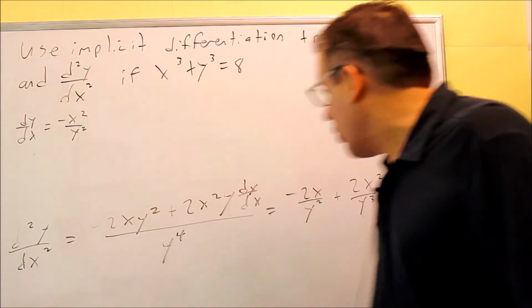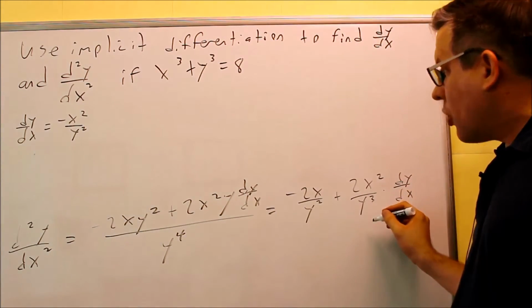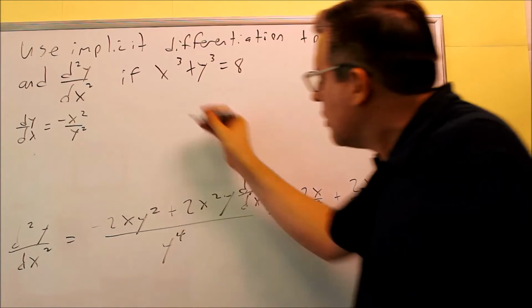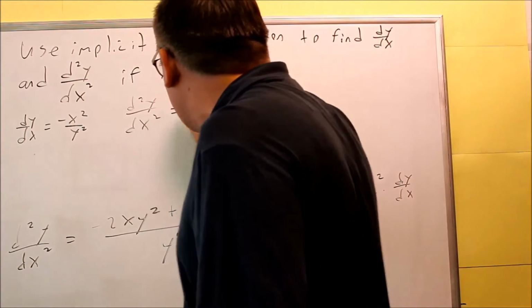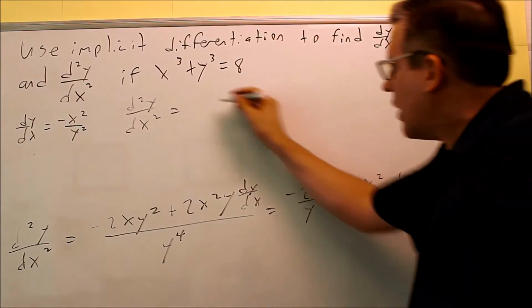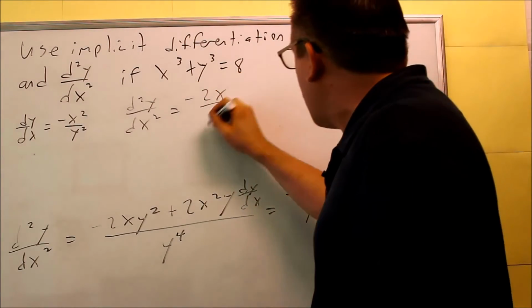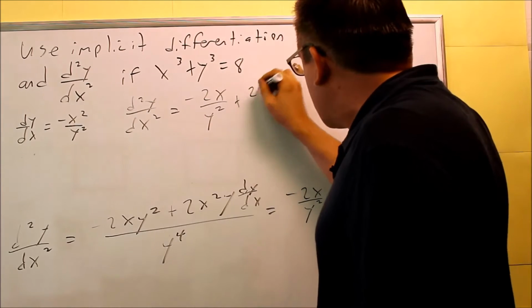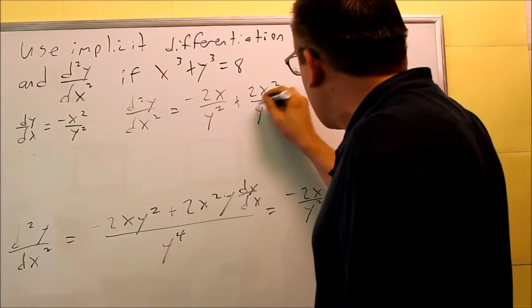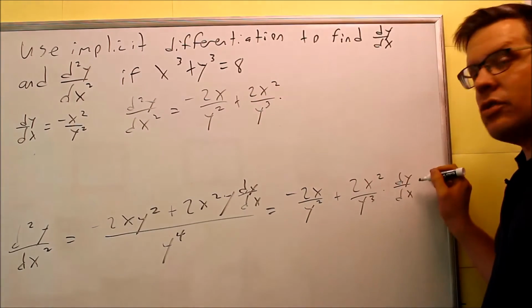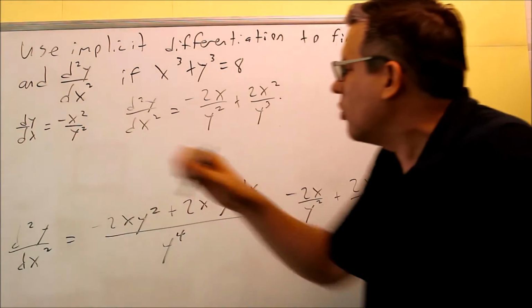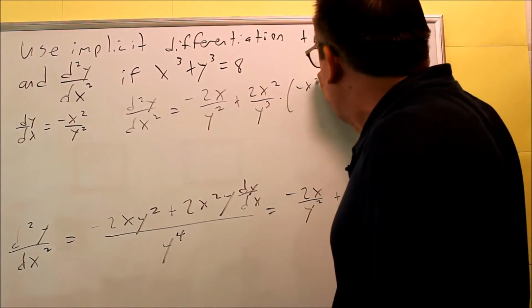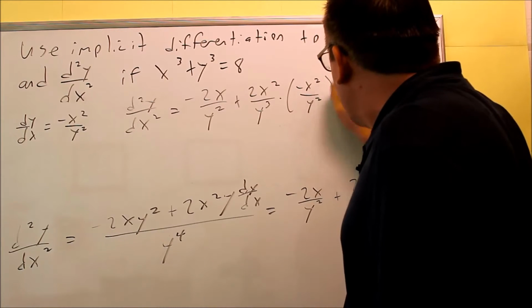Okay, so we're going to plug in the dy/dx. So I have d squared y over dx squared is going to equal negative 2x over y squared plus 2x squared over y cubed times the substitution we'll put in for dy/dx. That's this over here, we found it earlier: negative x squared over y squared.